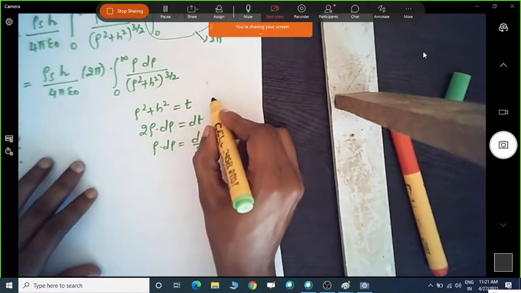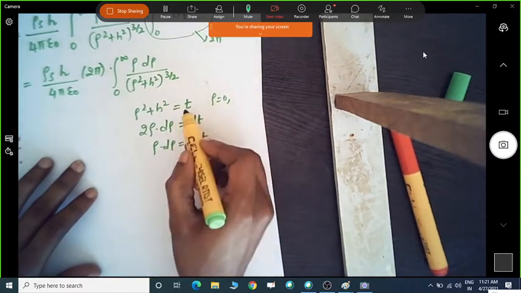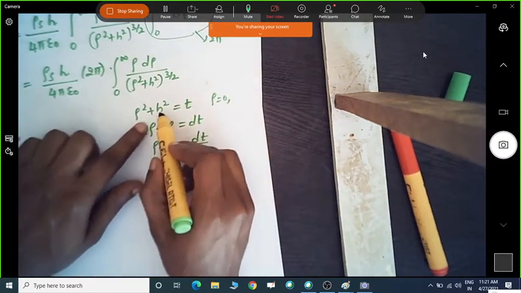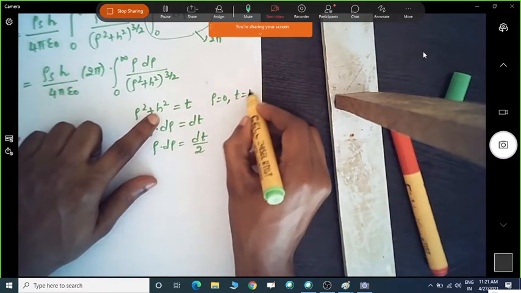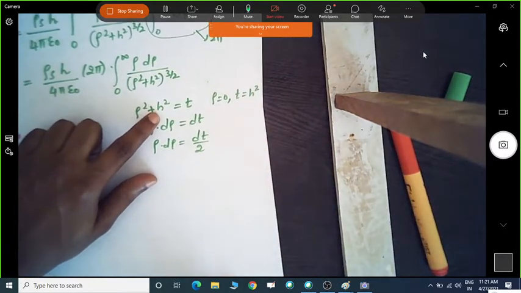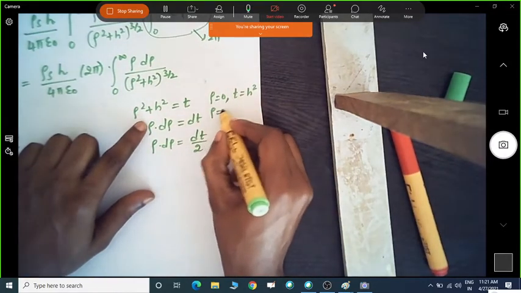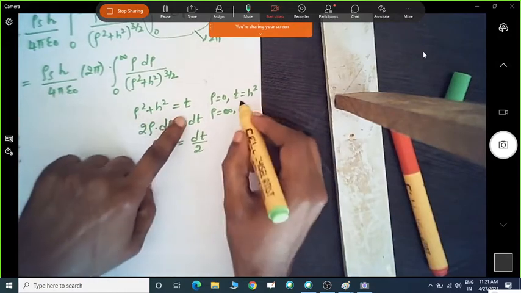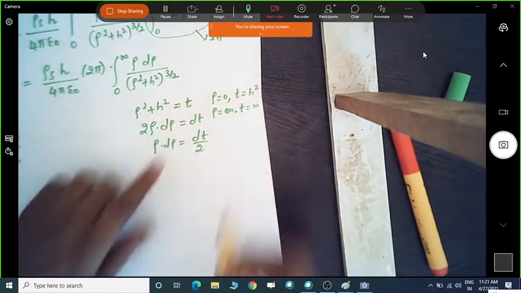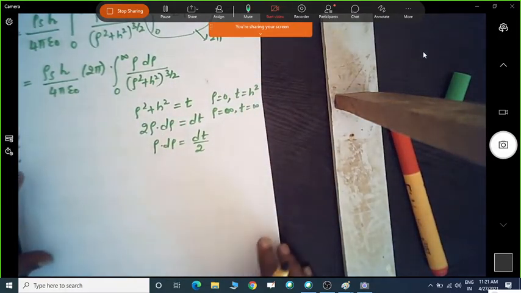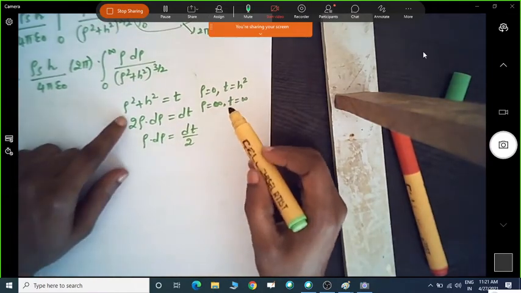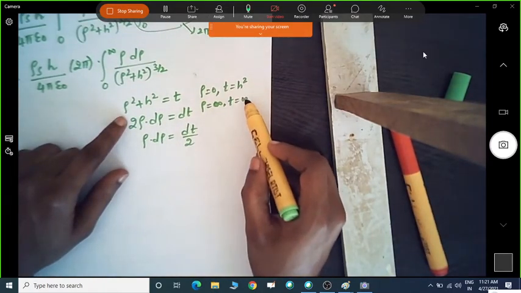Now whenever we have rho equal to 0, t will become 0 plus h square, so t will become h square. And similarly whenever rho is equal to infinity, t also becomes infinity. Okay, so the value varies between h square and infinity.